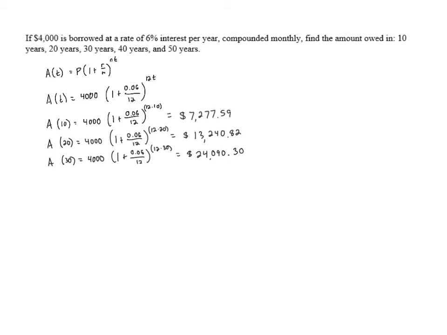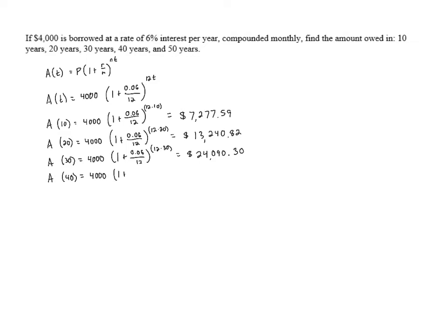The reason it's getting bigger and bigger is because the interest is being compounded. Every time you owe interest, that goes into the amount that you owe, and then you owe interest on top of that, and then more interest on top of that, and it keeps getting bigger and scarier. Let's take a look at 40 years.